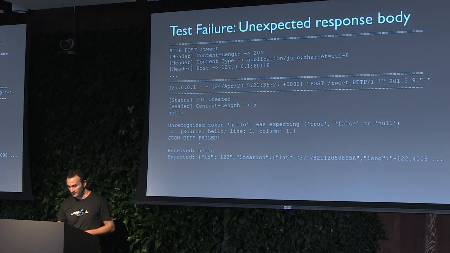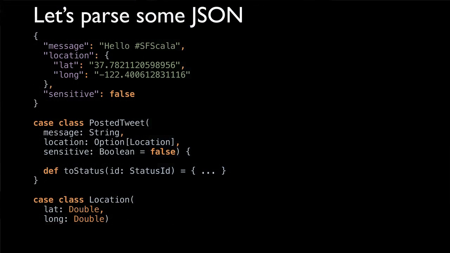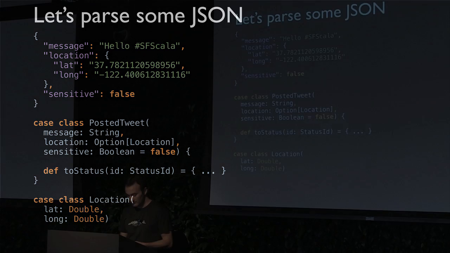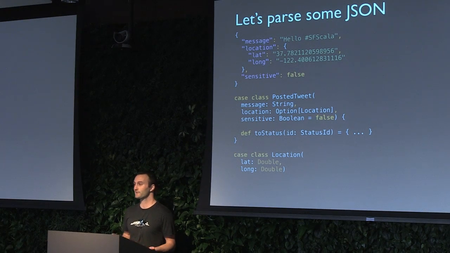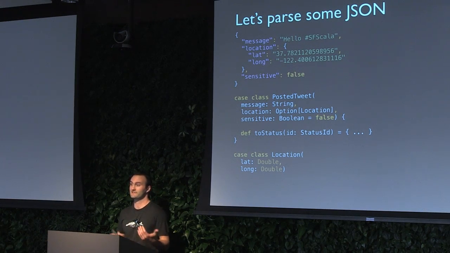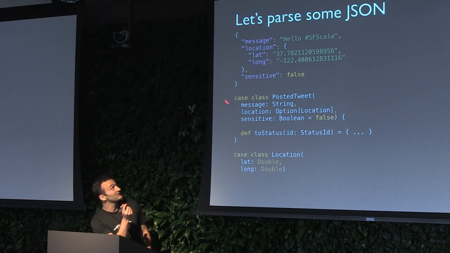OK, so in our continuing effort to get this test passing, let's now parse some JSON and generate some real JSON. So as I mentioned earlier, we provide an integration with Jackson. If you choose to use it, the basic premise is that you create a case class that mimics the JSON that you want to parse. So at the top of the screen, you could see the JSON representing a tweet.